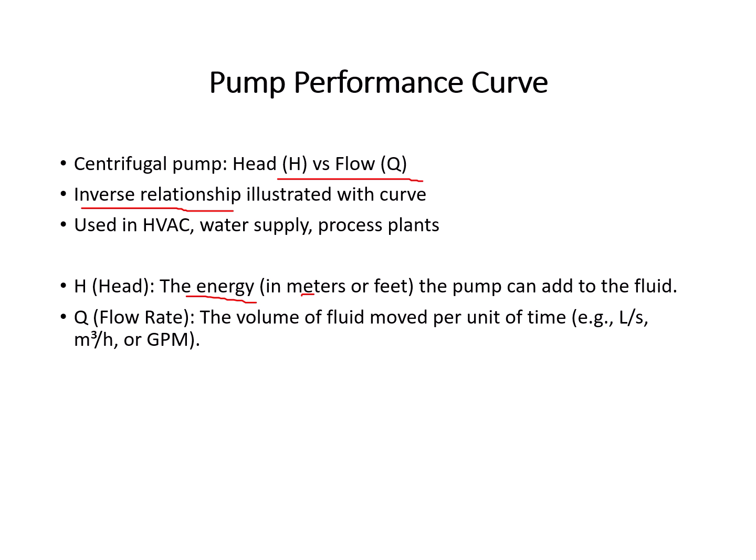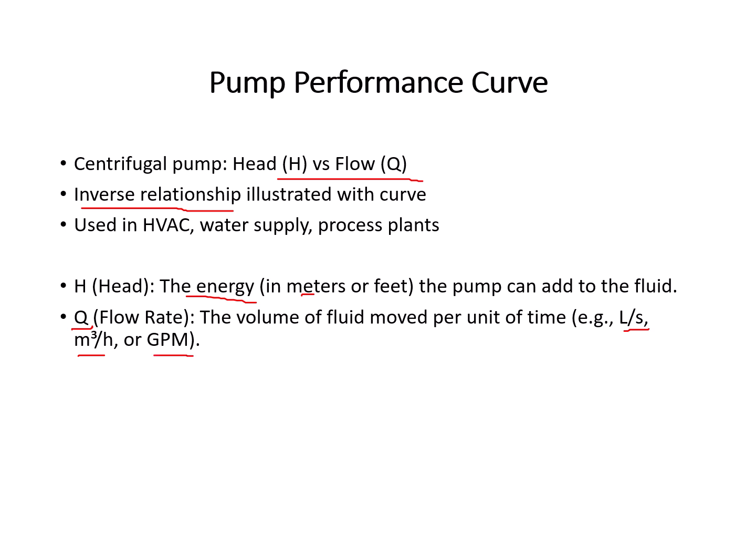So it is a specific energy, that is energy per weight. And Q is the flow rate, which is the volume moved by the pump per unit time. It can be liter per second, or meter cube per hour, or GPM, which is gallons per minute.